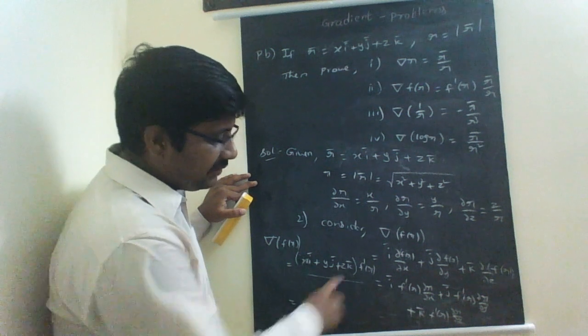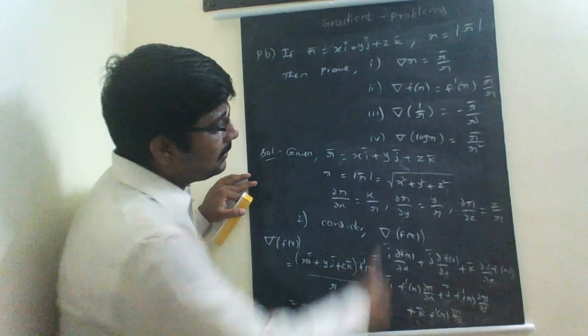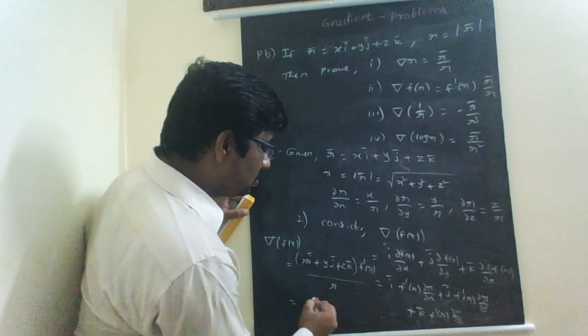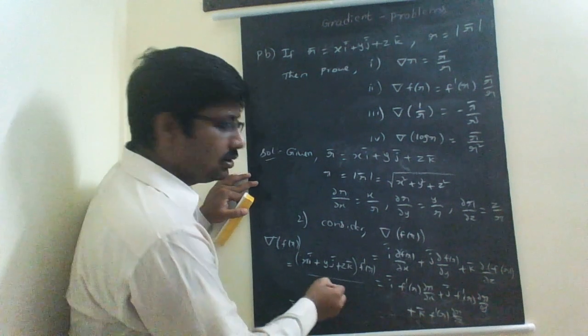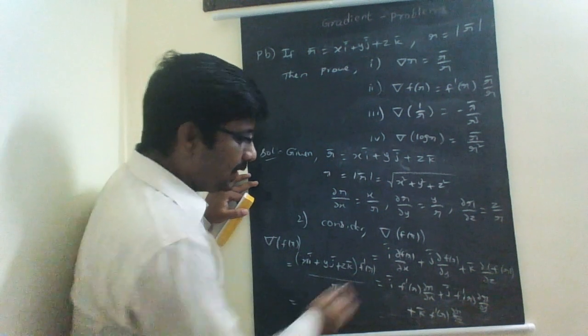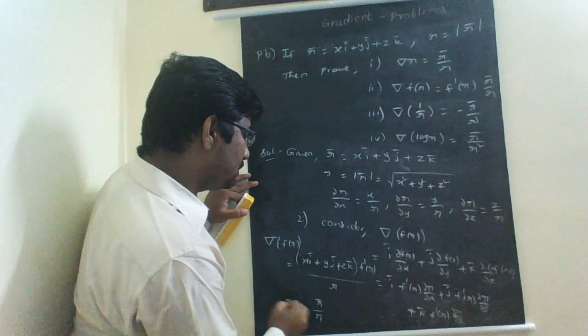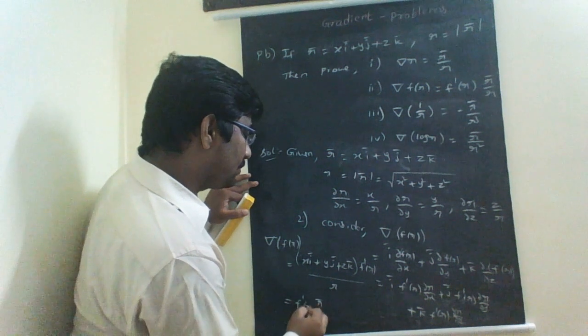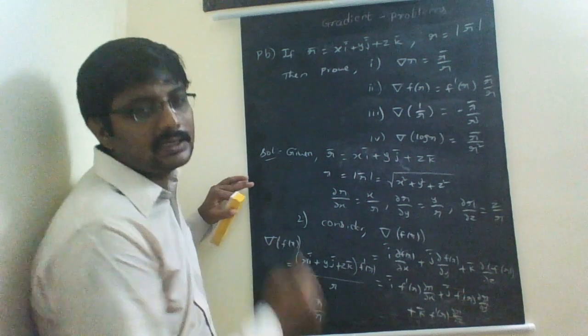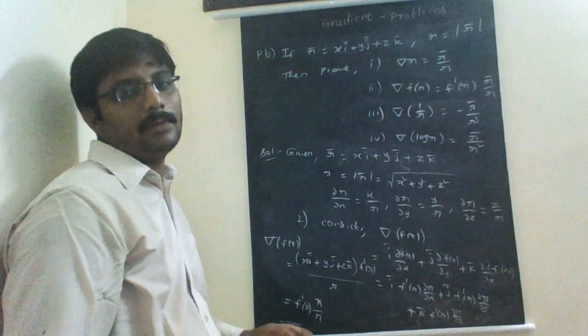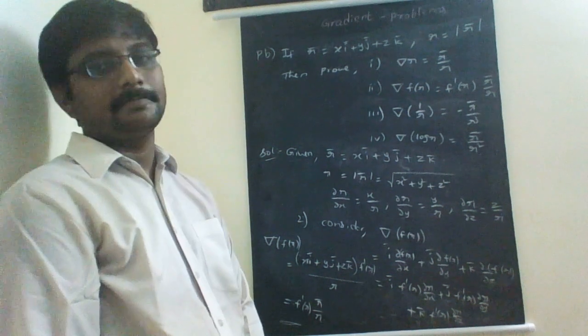But what is the value of x i bar plus y j bar plus z k bar? It is r bar. The denominator is r and f'(r). So rearranging the terms, we will write del of f(r) is f'(r) into r bar by r. So simple thing.